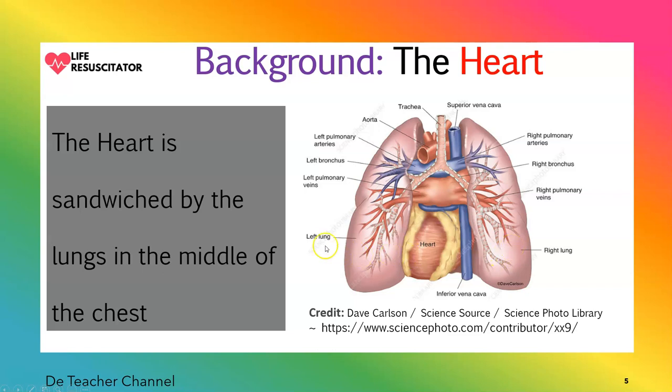The left lung here, the right lung here, and then this is the upper part toward the neck, and you can see the heart hidden here. Hidden because this organ is very important. It deserves to be hidden. So this is where it is.